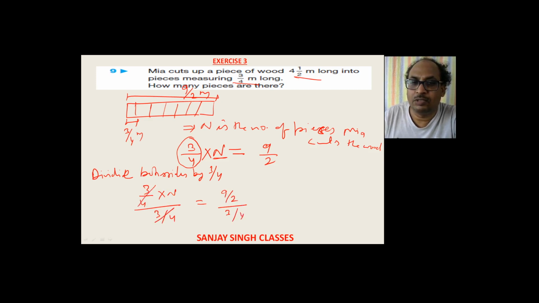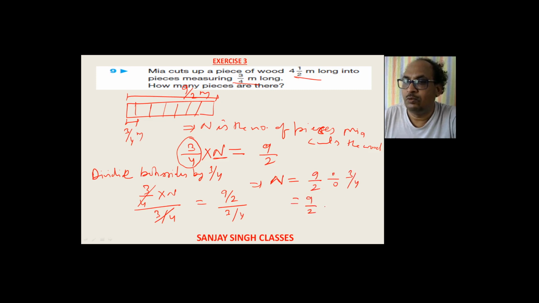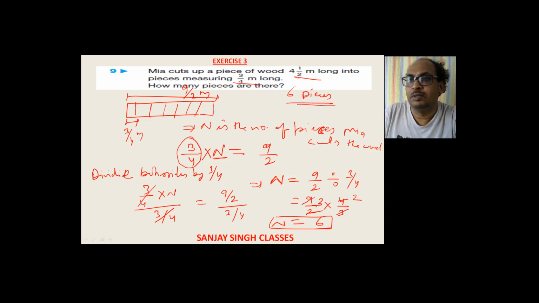So this 3 by 4 will get cancelled, and on the left hand side we will have only n, and on the right hand side it will be 9 by 2 into 4 by 3. Now 3 3s have got cancelled, and 2 2s. So the total number of pieces will be 6. Total number of pieces are 6. So 6 pieces Mia cuts.